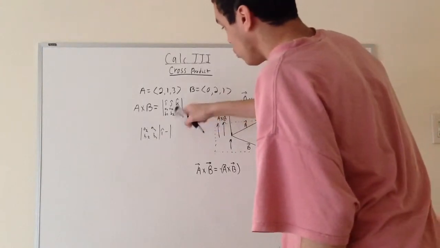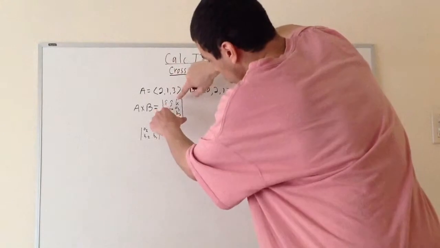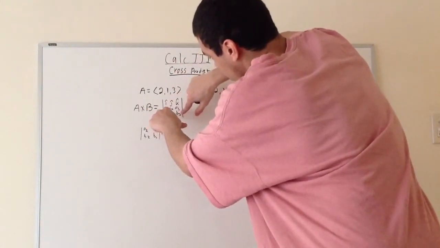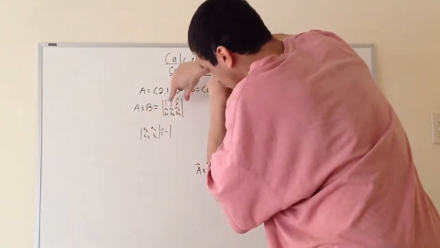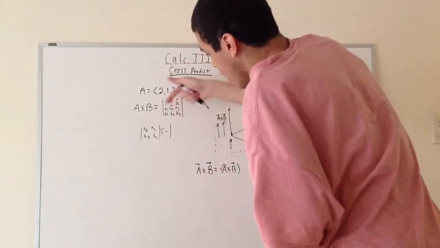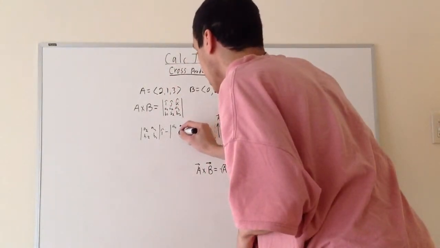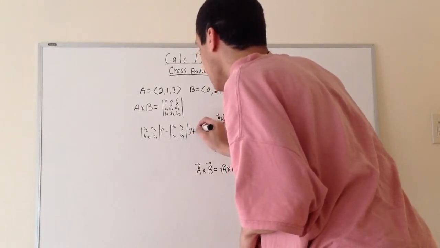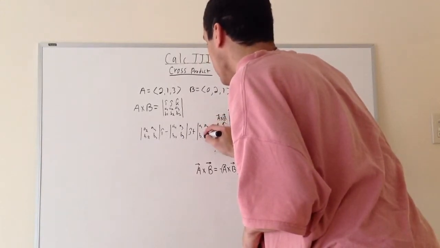So you subtract from that, and now for the J component, you get rid of the I and the K column. Actually, no, I said that wrong. You get rid of this, and so for this you would have A1, A3, and then B1, B3, all in the J direction, and then the K direction would be A1, A2, B1, B2, all in the K direction.